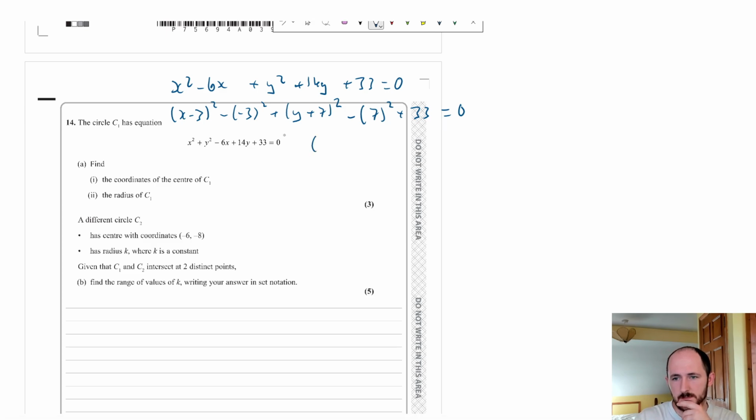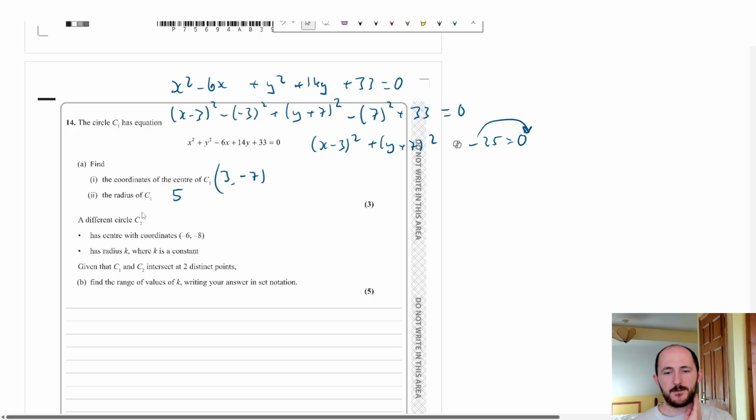Cool. I'm just going to write negative 25 on the end because I'm worried I'm going to forget it. Plus y plus 7 squared. And then all we have to do is move the 25 over to the other side. So the radius is going to be 5 and the center is 3, minus 7. Right? So just move that over.